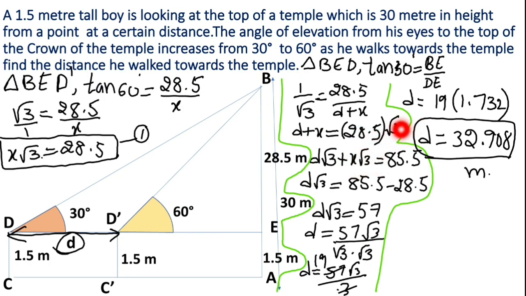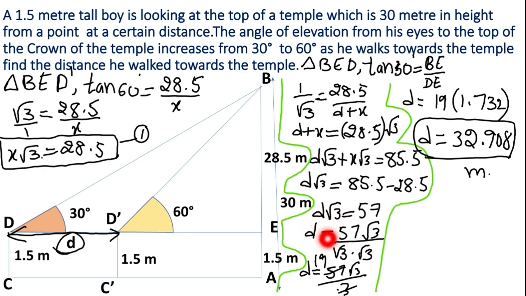So root 3 into root 3 becomes 3. So that is nothing but 85.5. Now we know the x root 3 value, that is 28.5. So d root 3 is equal to 85.5 minus 28.5. So plus becomes minus when moved to the right side. So d root 3 is equal to, by subtracting we get 57.